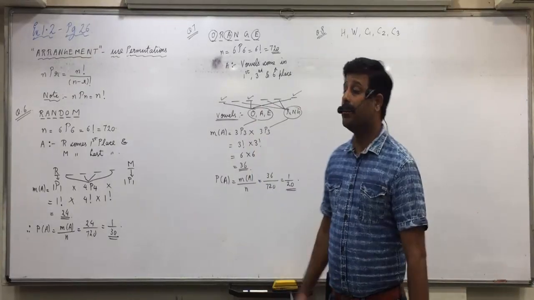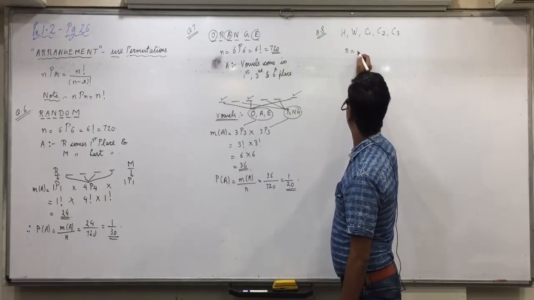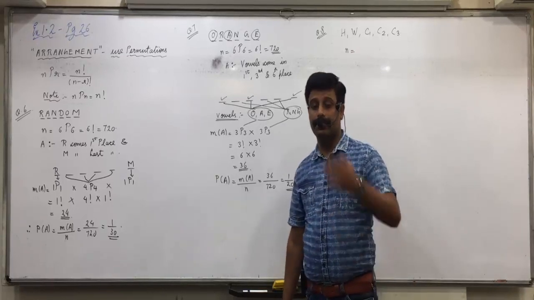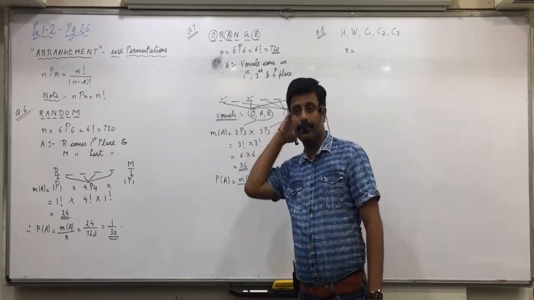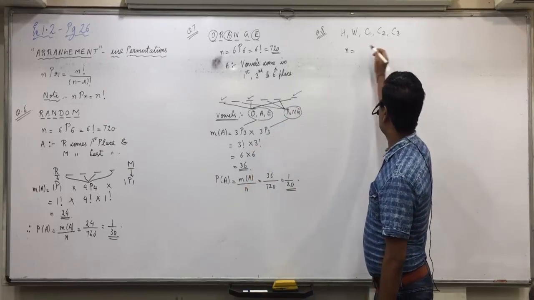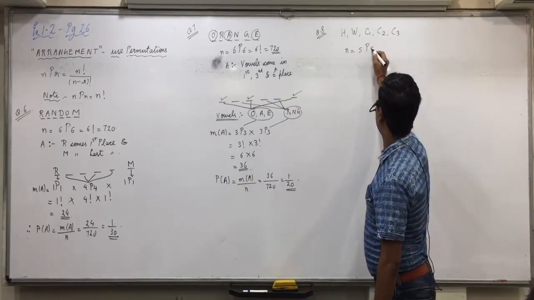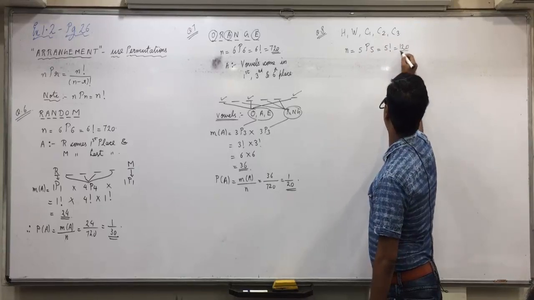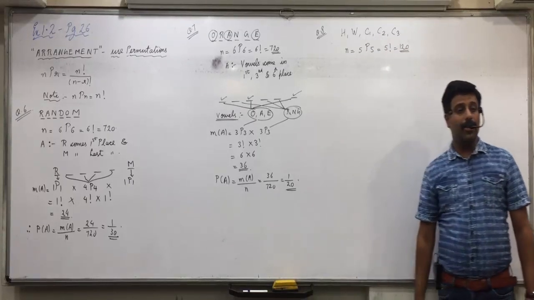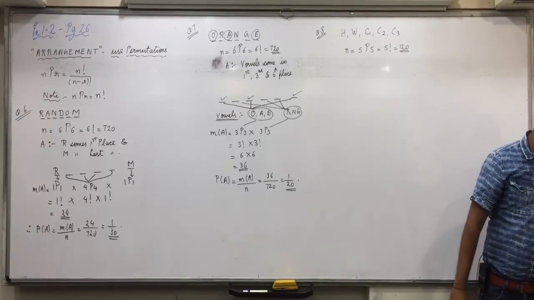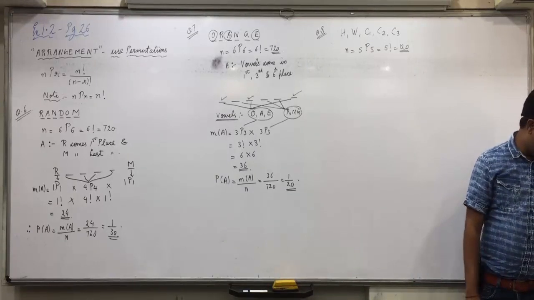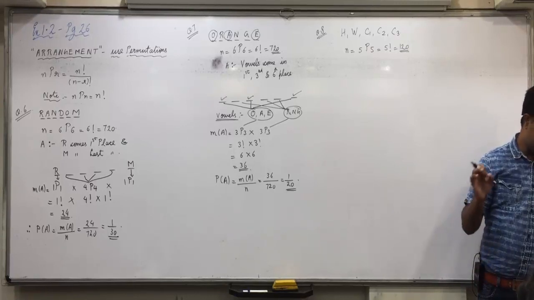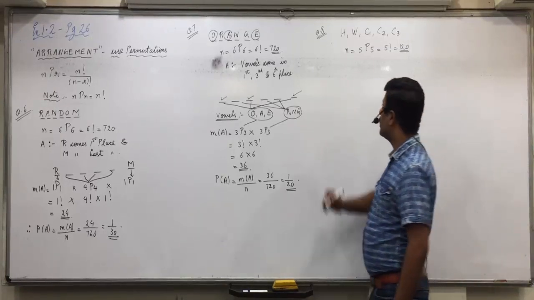Shubhadra, what will be n? Yes, 5 people are there, so 5 people in 5 places. 5P5, 5 factorial, 120. Are you all clear with this now? What is the question asked? Find the probability that husband and wife are seated next to each other.